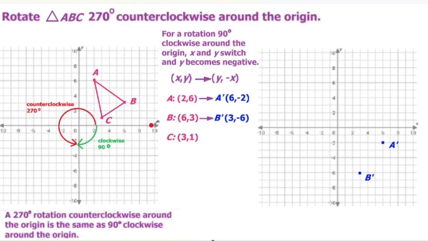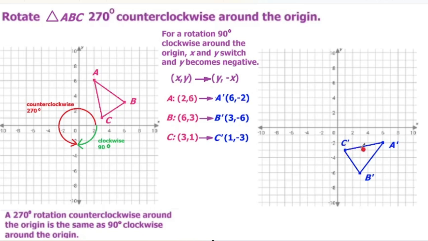Now let's do C. C is at 3 for X and 1 for Y. Okay, so 3, 1. So let's put the little formula on it, and it's going to be 1, -3, and it's here. So now we can plot our rotated triangle.